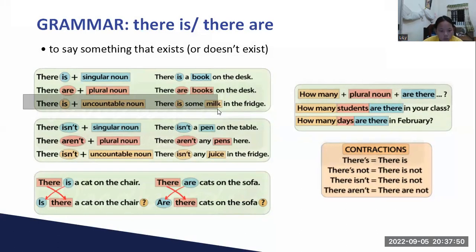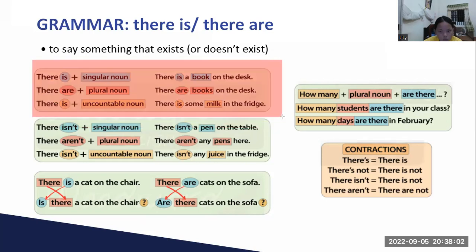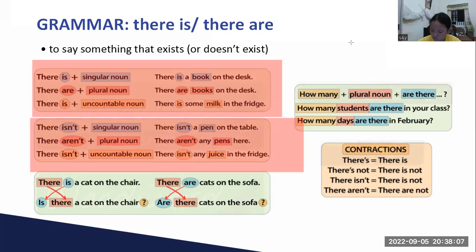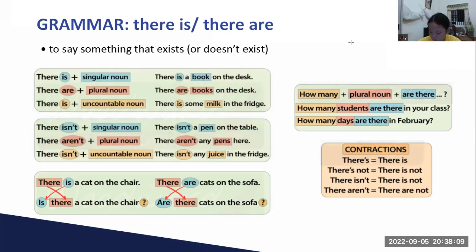There is some milk in the fridge. That means uncountable noun, which is milk. Then this sentence here is what we call affirmative. And this one is negative. Example, there isn't plus singular noun, there isn't a pen on the table.